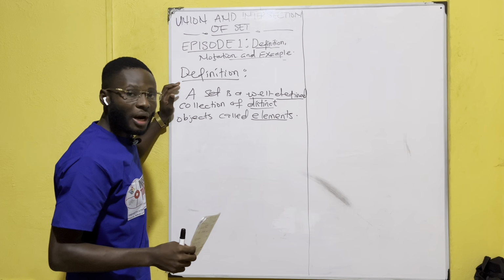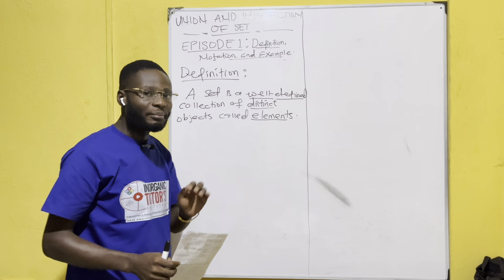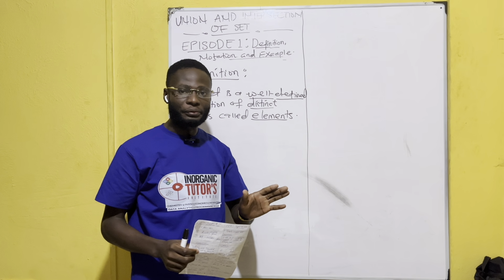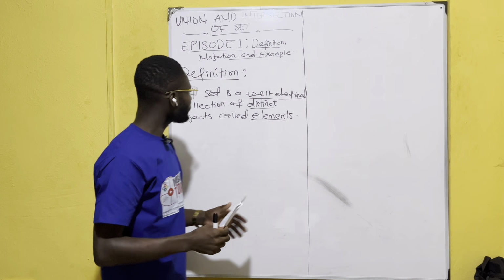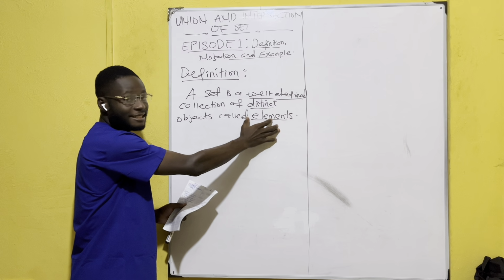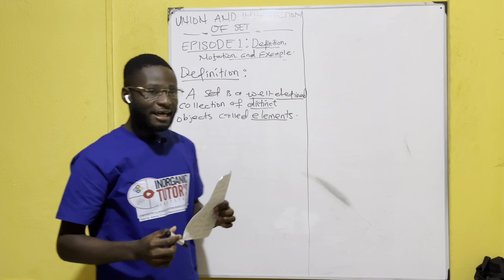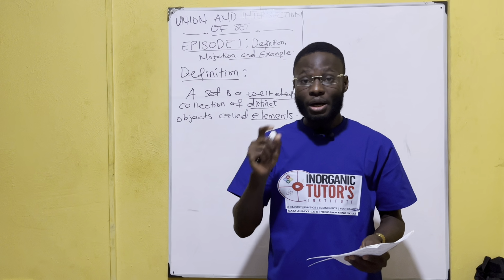Once you are able to understand the basic definition of a set, anything in mathematics becomes very easy for you, because that is the language of mathematics. Now, let's look at why we underline the word well-defined.